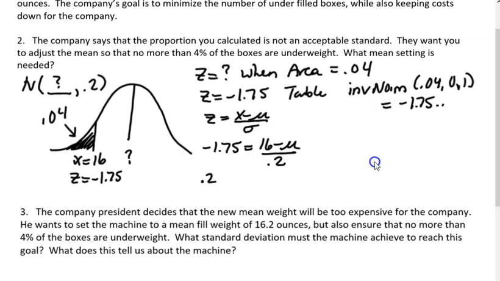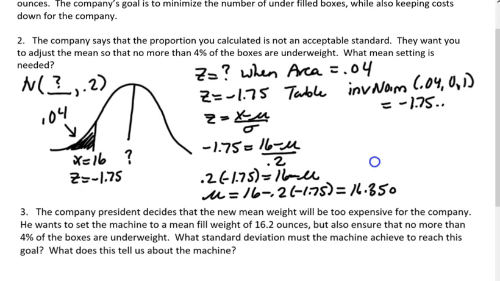So 0.2 times negative 1.75 equals 16 minus mu. If I add mu to this side and subtract everything on the left side from the right side, I get mu equal to 16 minus 0.2 times negative 1.75. I already did it on my calculator: 16.35 ounces.